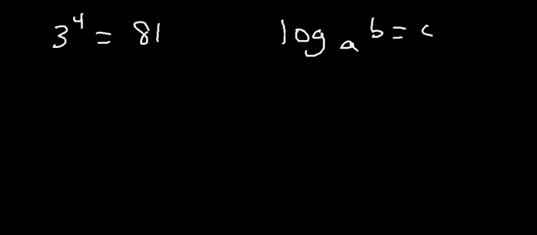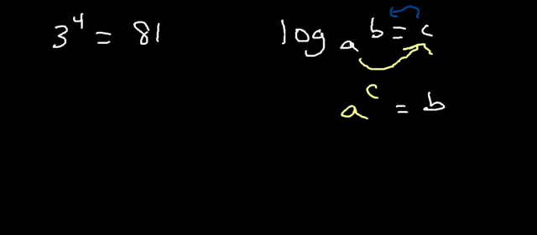Now sometimes you'll see a question that says, convert this into log form. How would you do it? Here's the formula that you want to use. Log base a of b is c, which means a raised to the c power is equal to b.